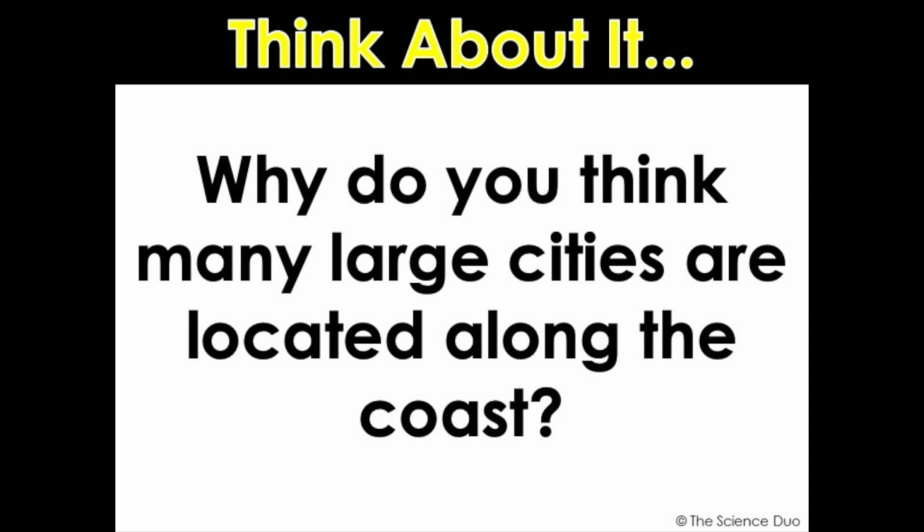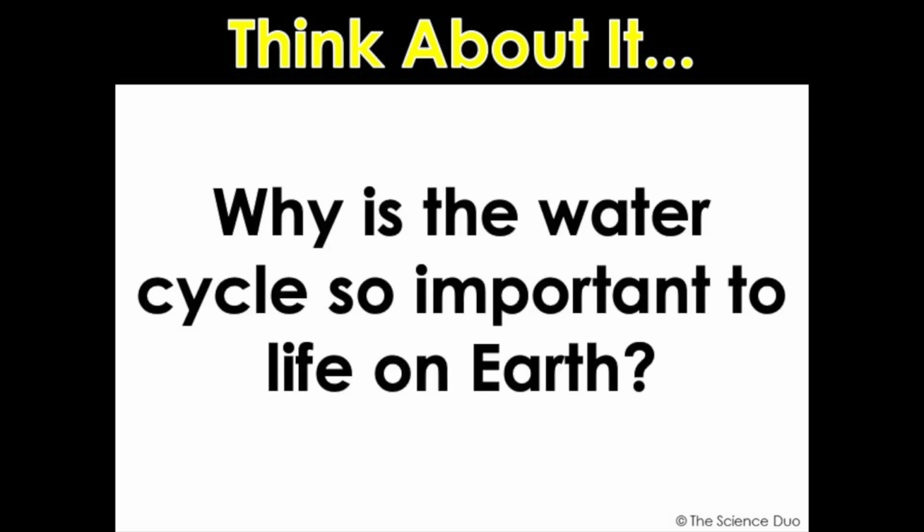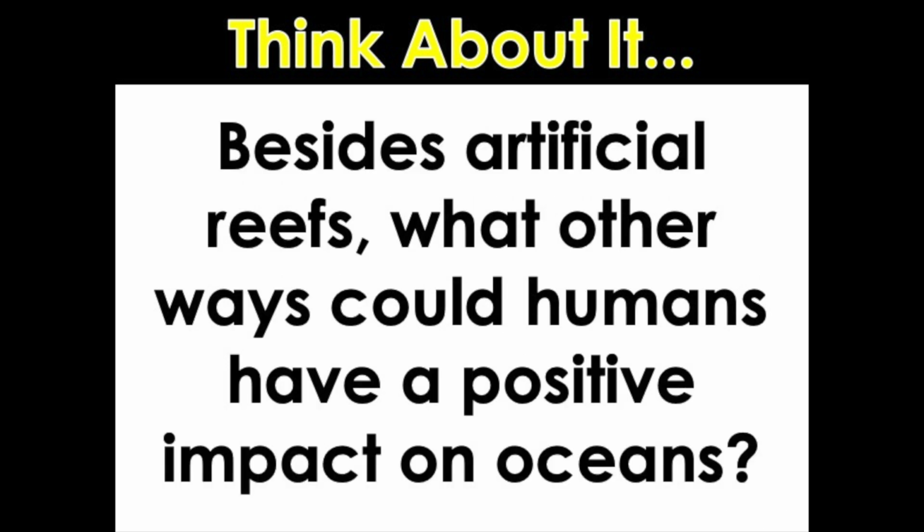Why do you think so many large cities are located along the coast? Why is the water cycle so important to life on Earth? And finally, besides artificial reefs, what other ways could humans have a positive impact on our oceans?